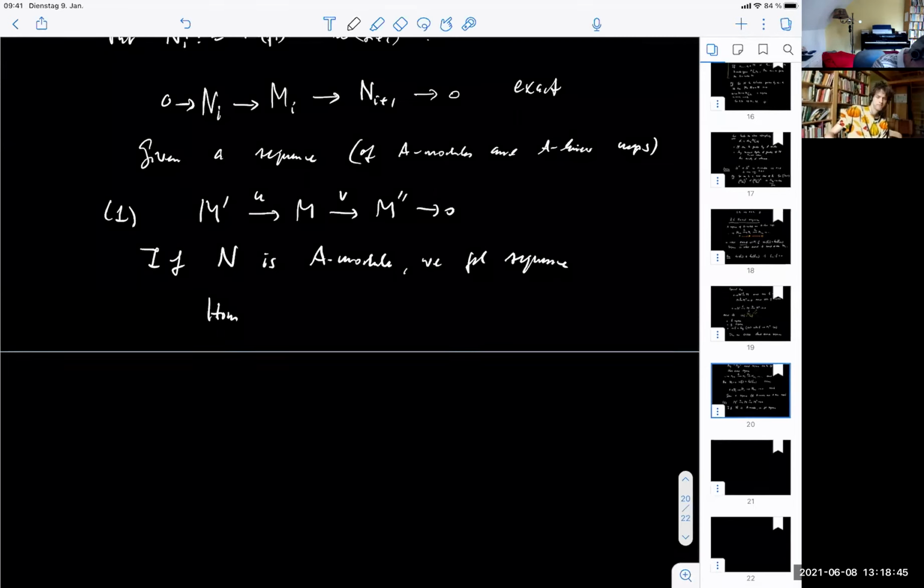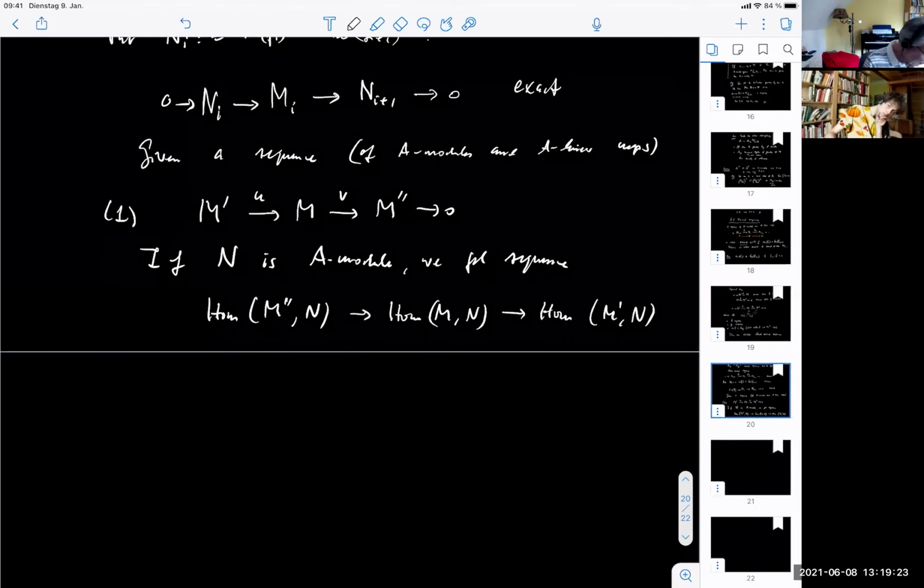Hom. When I write hom, actually I mean hom A, but I don't want to write the A all the time, the module of A linear maps. I go to hom M N. I go to hom, and here I have M prime N. You see the direction is reversed.